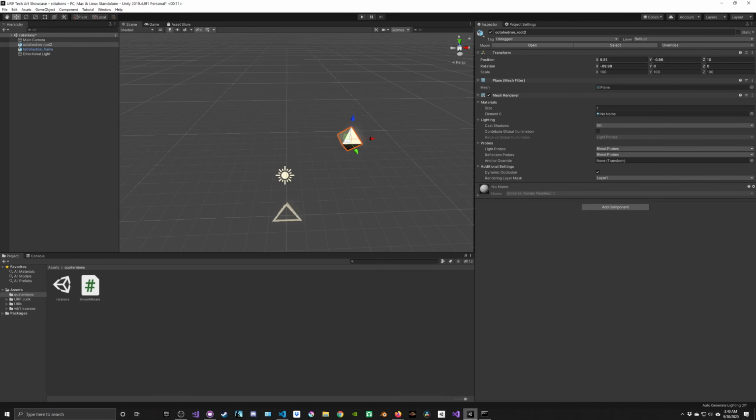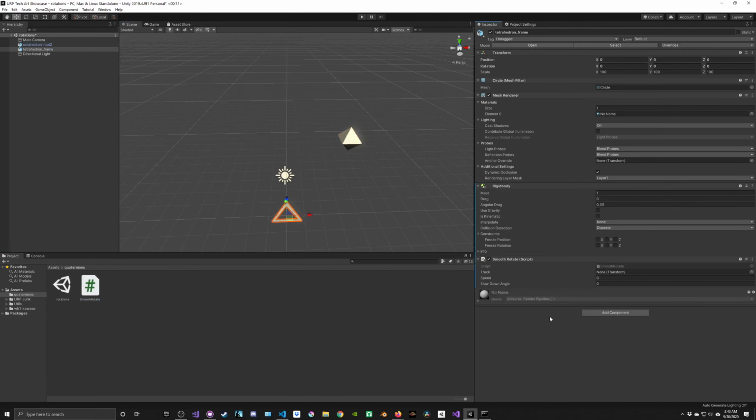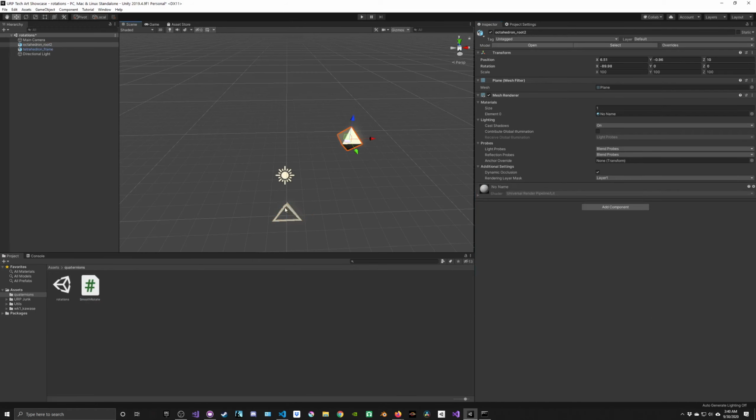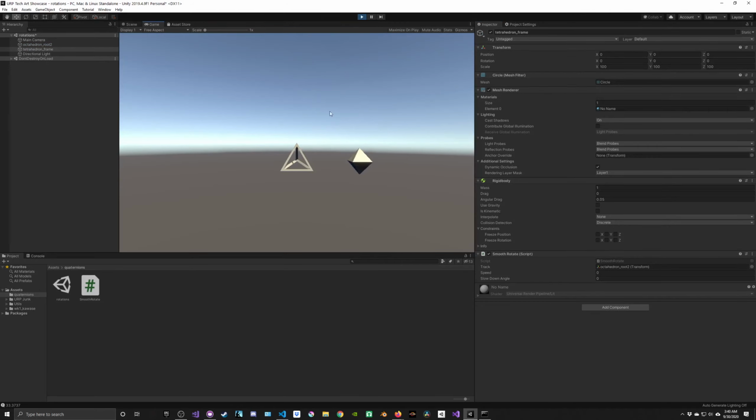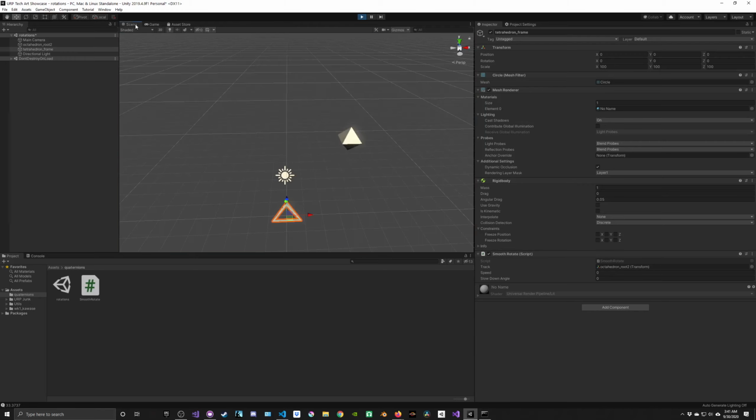Oh, I'm a fool. I didn't even attach the script. Well, we don't need that yet, and we'll be tracking this guy. And what do we get? 33.3 degrees. Do we know that's right? I don't know, let's eyeball it. Seems close enough to me.